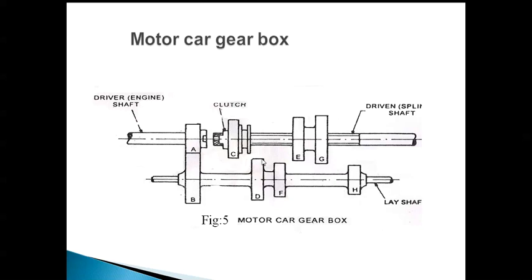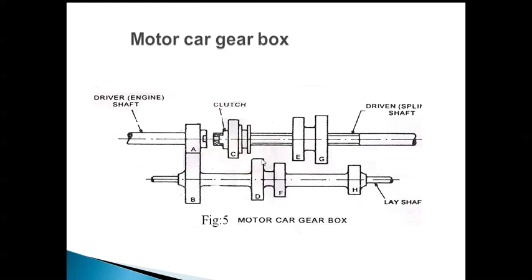This driven shaft is splined, which means the shaft has keyways around it so that C and EG can slide over the driven shaft, revolve with the shaft, and also slide along it.